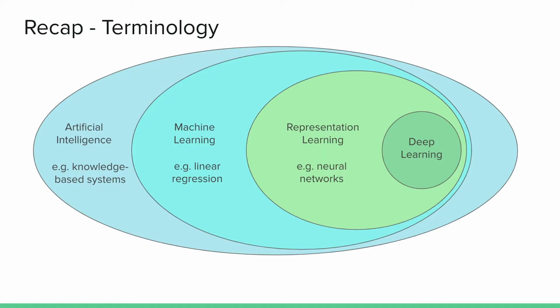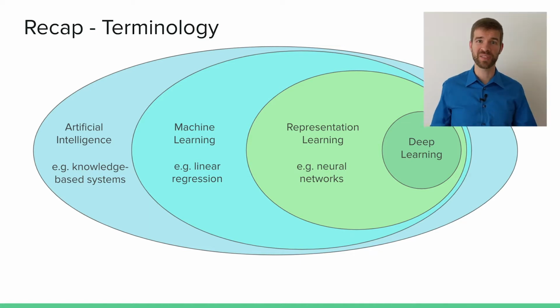I gave you a bit of terminology, and we talked about artificial intelligence being almost the marketing term for this encompassing field of everything that has to do with some sort of intelligence, where computers are involved.